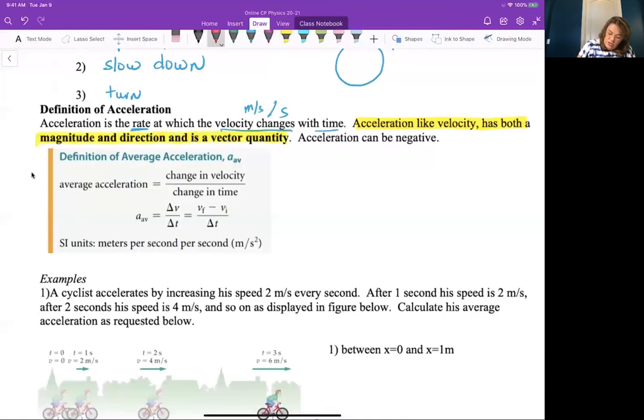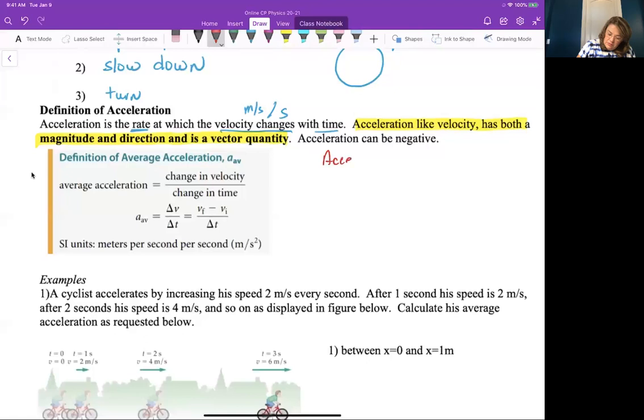So acceleration is a vector. It has magnitude and direction.